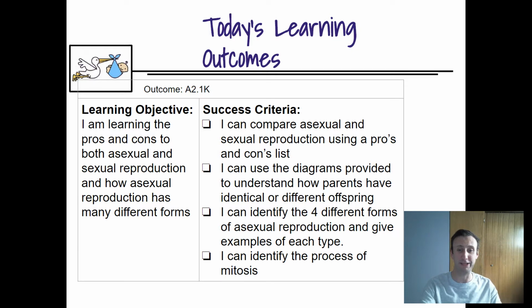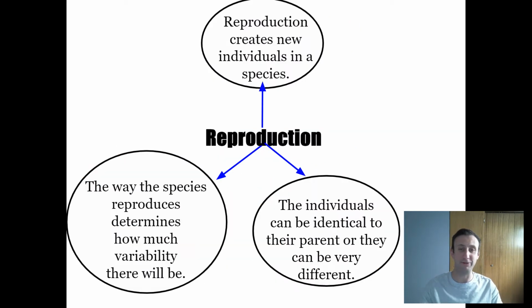So, we already went over this. I guess I have that slide twice. Anyways, reproduction. In terms of definition, some basics around it. Reproduction creates new individuals in a species. That's the whole purpose of reproduction, to make more of the thing. The way the species reproduces determines how much variability there will be, going to the genetic diversity that you've learned about previously.